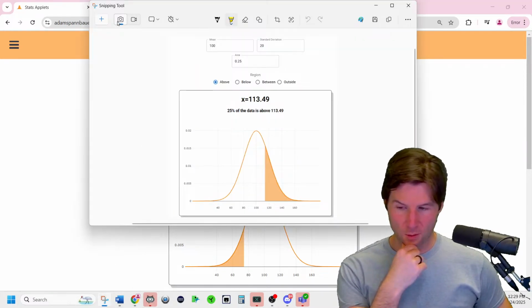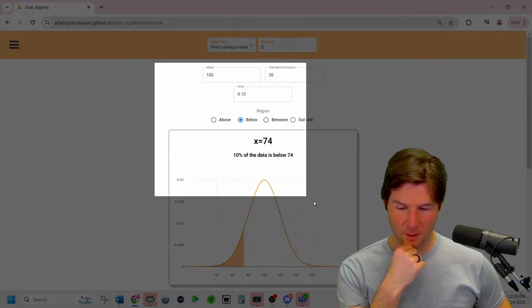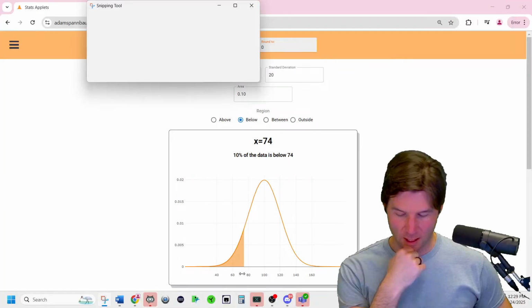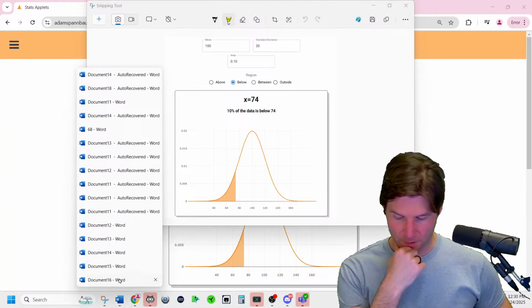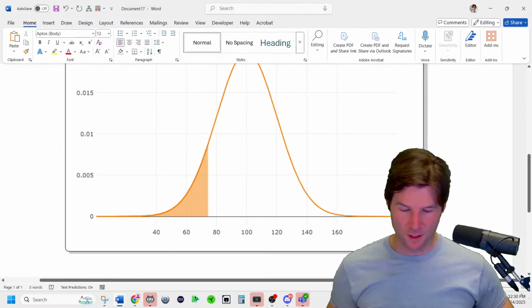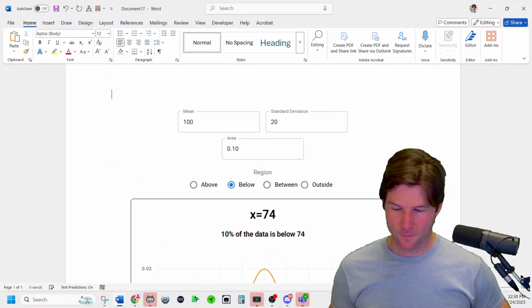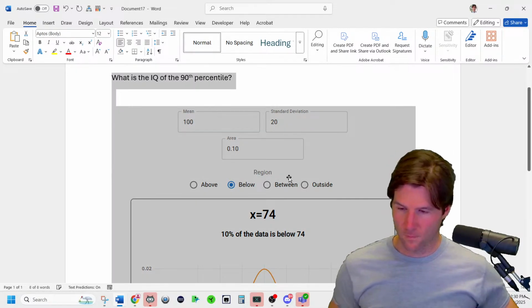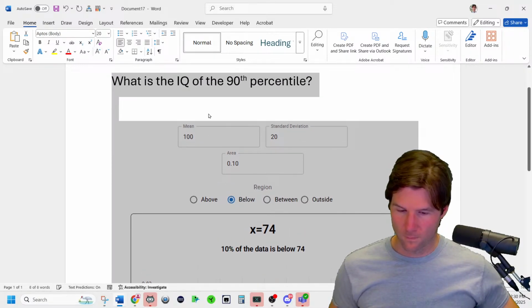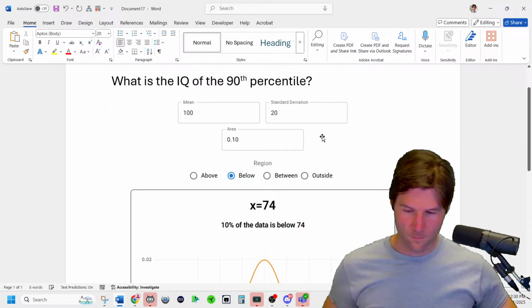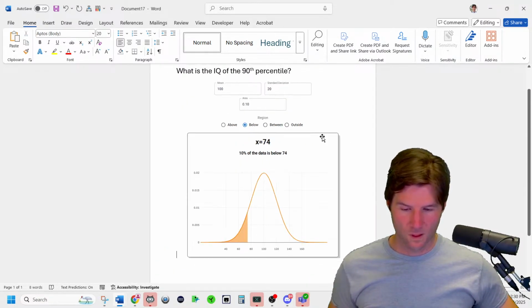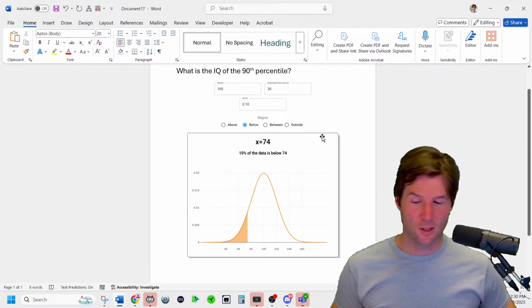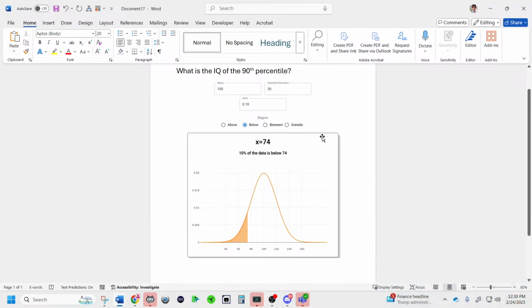What is the IQ of the 90th percentile? So if you solve it, let us know.